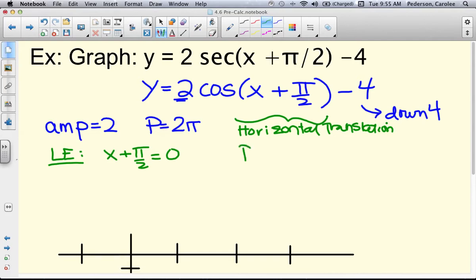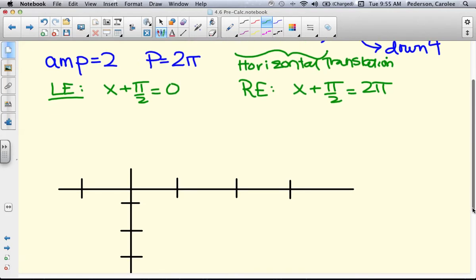Then I do the right endpoint, x plus pi over 2, and I set it equal to 2 pi. And then I solve each of those equations for x, and that will be my starting and my stopping points. All right. So to solve the left endpoint, what do I do? Subtract pi over 2. So I'm starting at negative pi over 2.